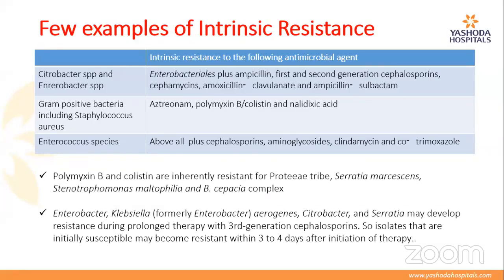Here, this is a urine culture report, E. coli. MDR is defined as acquired resistance to at least one agent in three or more antimicrobial categories. Here, one group is ampicillin, the penicillin group.